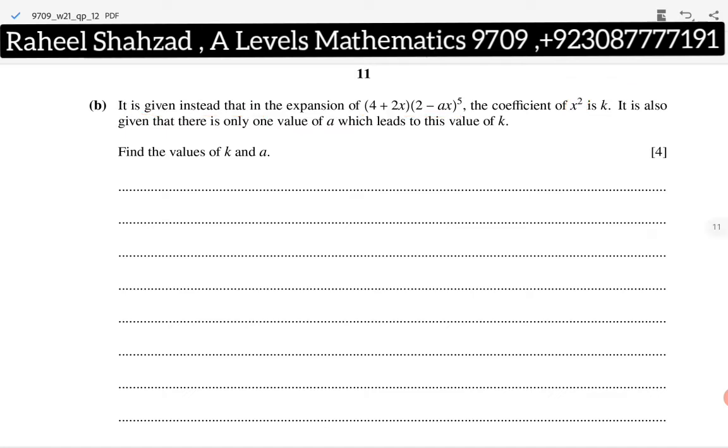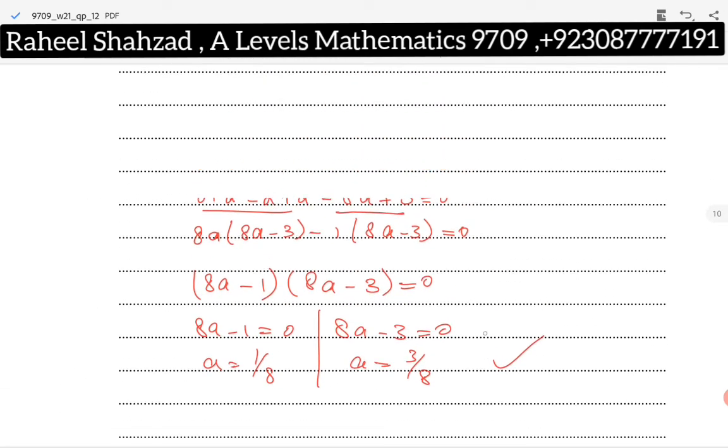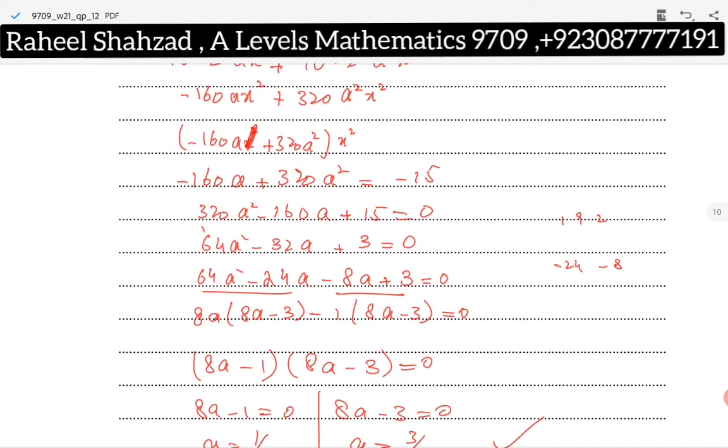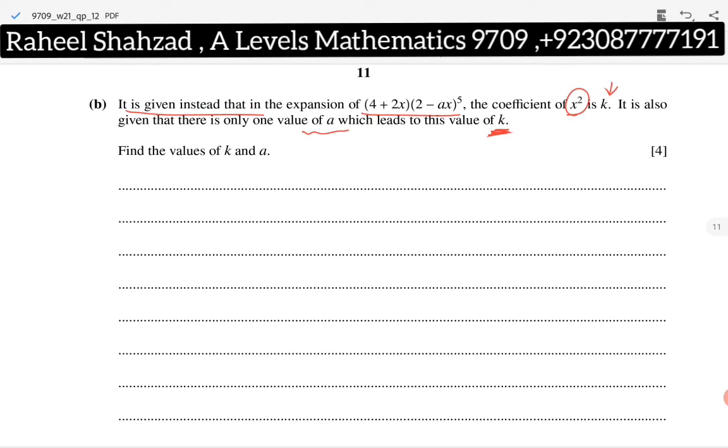So if you see in the previous part, here it was 320a square minus 160a, right, this was equal to minus 15 here. So 320a square minus 160a is equal to k.